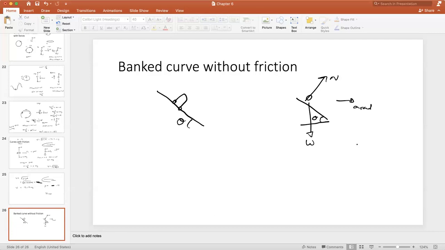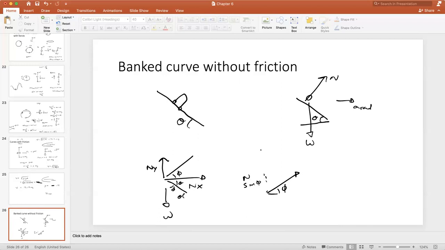You might be tempted to do this along the incline. We don't want to. What we really want to do is divide n up into ny and nx. This will be our weight. Now, if I know that this is theta, this is phi, this is theta, and this is a right turn, then this is n sine phi.